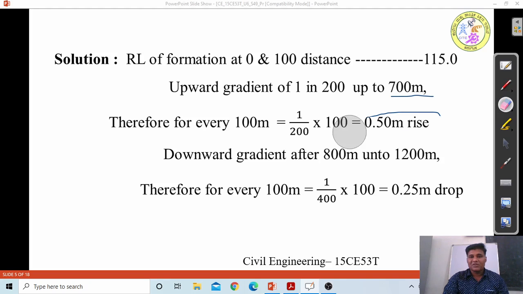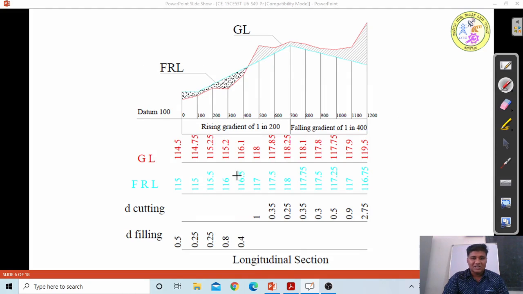So this 0.5 meter will be added to the previous levels. That is 115 plus 0.5 is 115.5. 115.5 plus 0.5 is 116. So 116 plus 0.5 meter rise, so 116.5, 117, 117.5 and 118. So up to here it is rising.